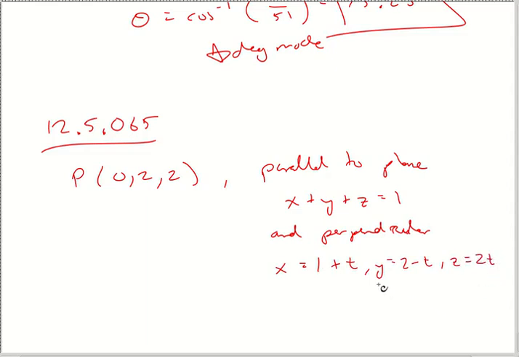Okay, what is going on? I'm parallel to a plane, and then I'm perpendicular to another line. It's a line right there.